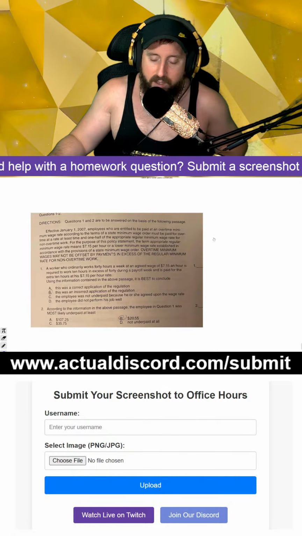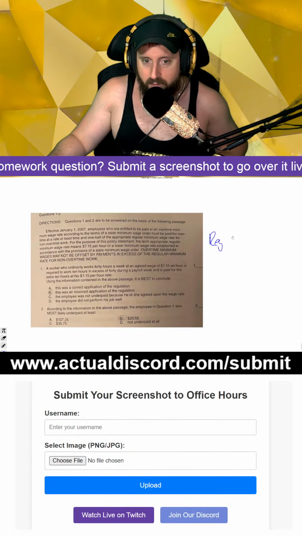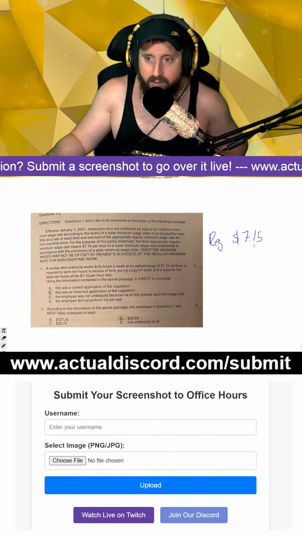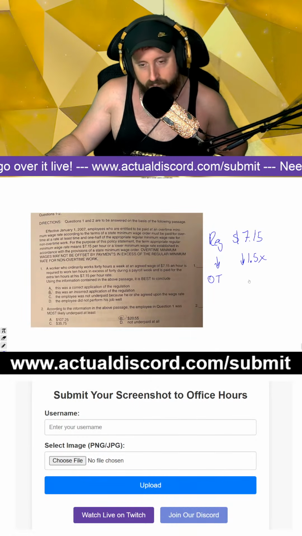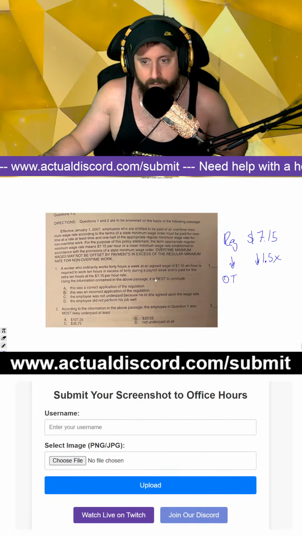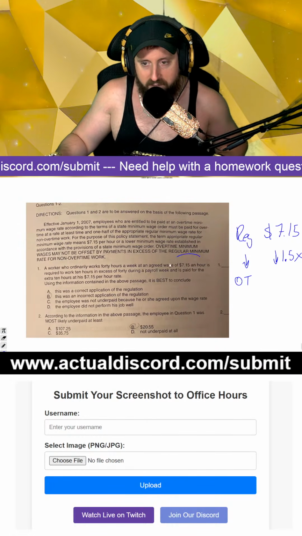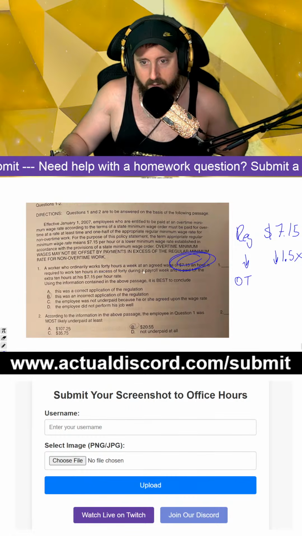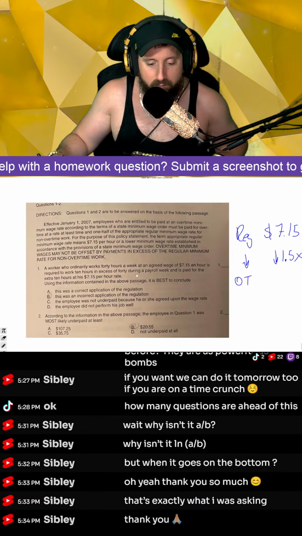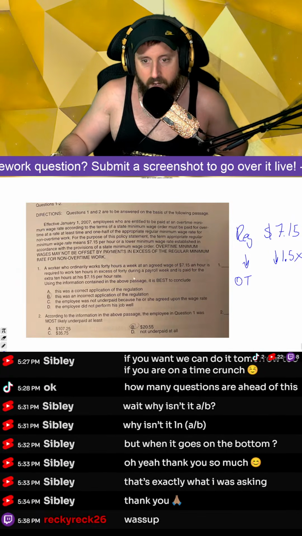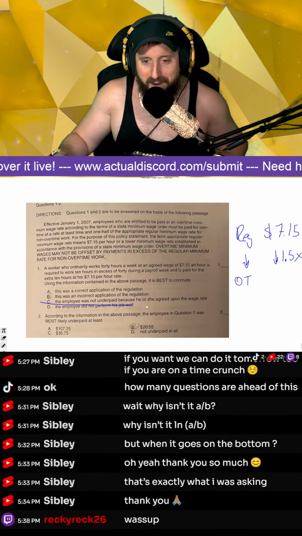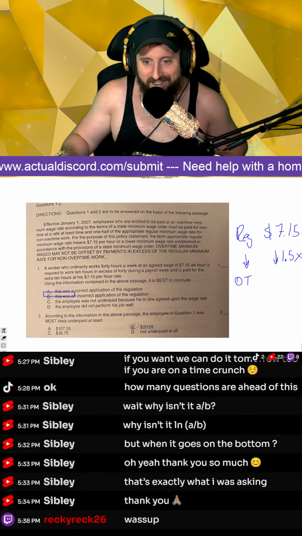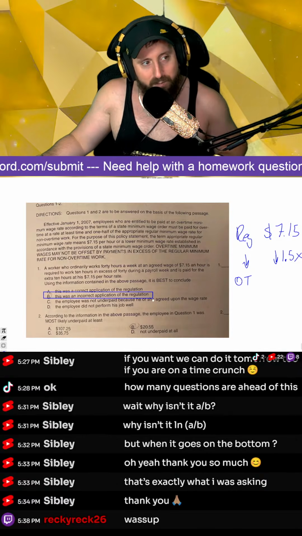So if you get paid regularly $7.15, then your overtime needs to be at least 1.5 times that amount. Here the man is paid $7.15 regularly, then works overtime but still gets paid $7.15. This is incorrect. He should have been paid 1.5 times as much.